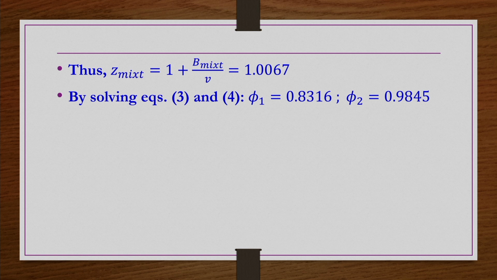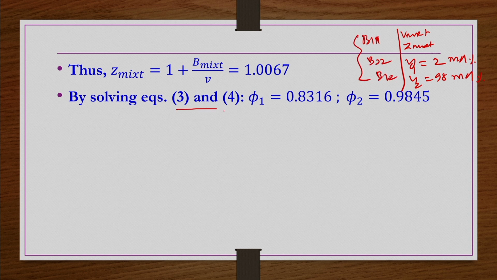Then phi 1 you will get 0.8316, phi 2 you get 0.9849, because y1 is given as 2 mole percent, that is 0.02, y2 is given as 98 mole percent, that is 0.98, and V mixture and Z mixture we have already found, and B11, B22, B12 are given.